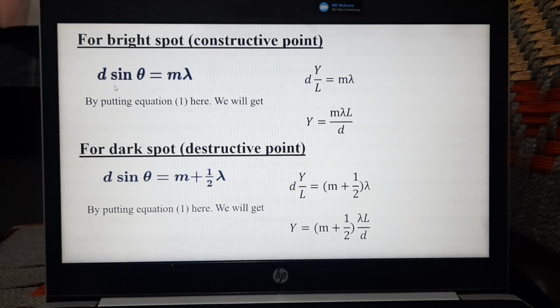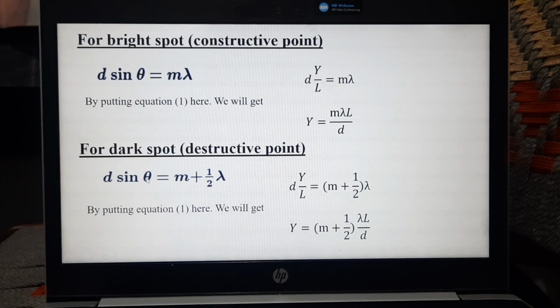As sine theta was y by L according to equation 1, if I put dy by L instead of sine theta, I will get dy by L equal to m lambda, and y is equal to m lambda L by d.